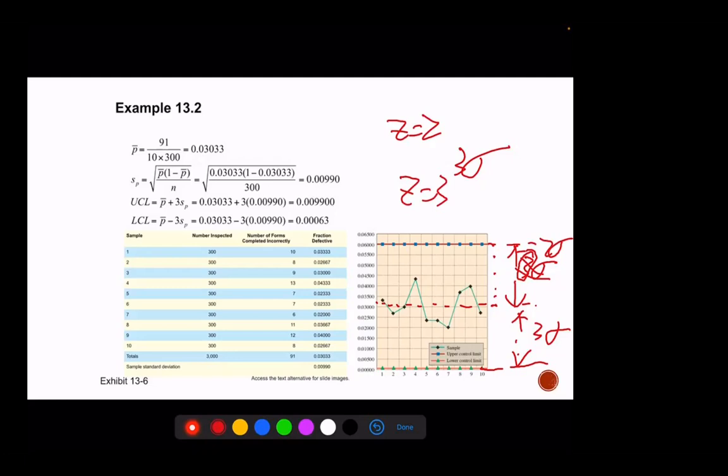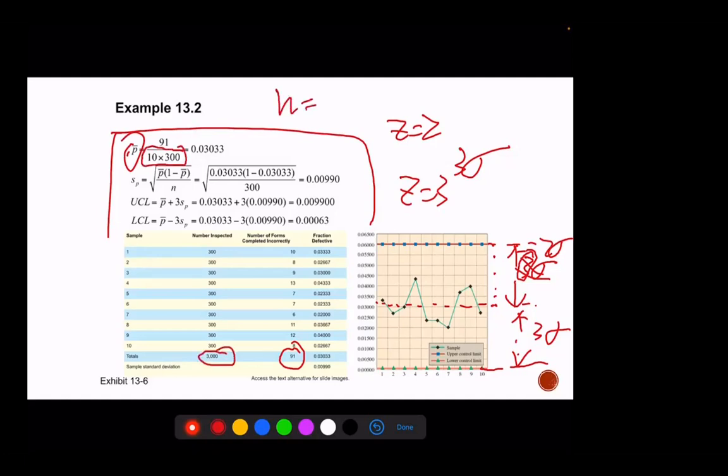And this example comes from your textbook. And this is how we got the P. So the first thing you need to do is calculate the average of P. So you need to find the total defects and divide by the total number of observations you have, then you have this P bar.